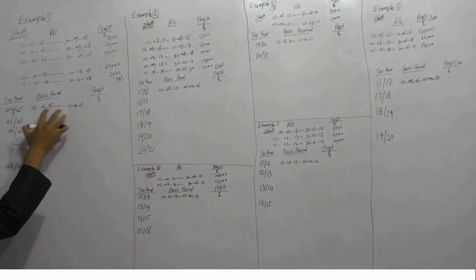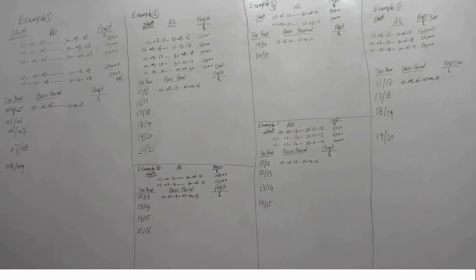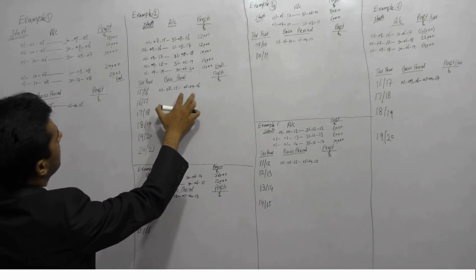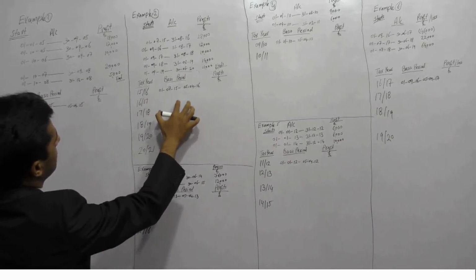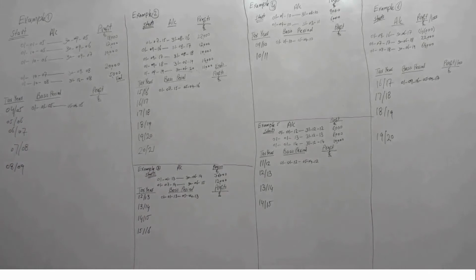Will this date come under this tax year or not? Yes, of course it will. Likewise, this date is within the tax year 15-16. Make sure you check all of these dates, whether they are within these tax years or not.